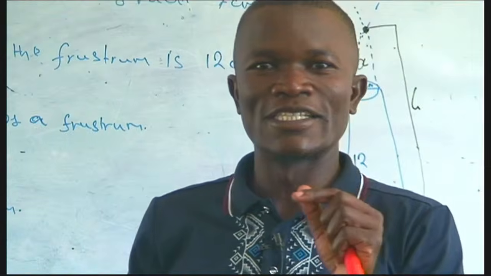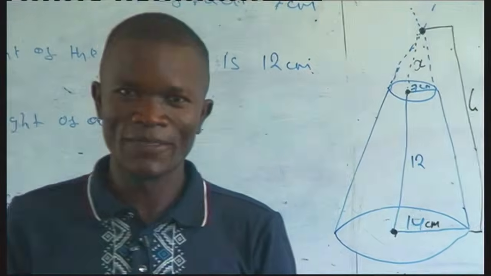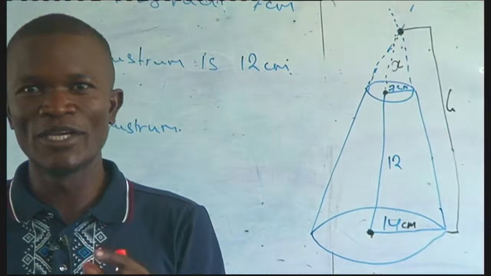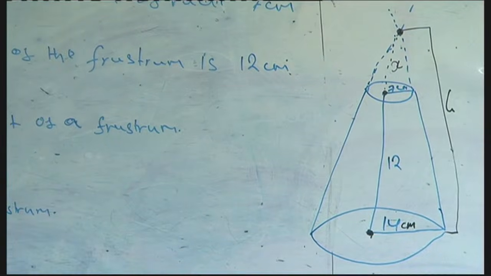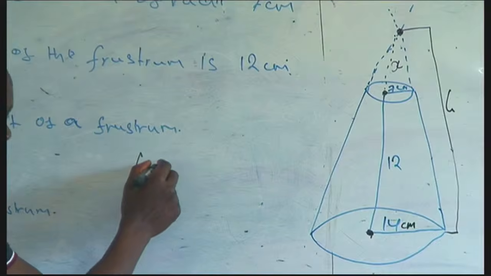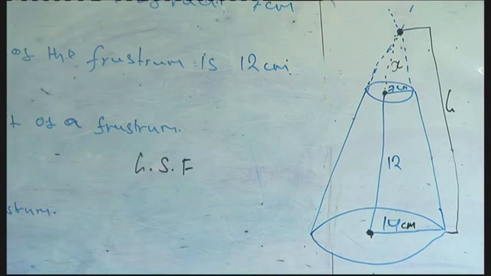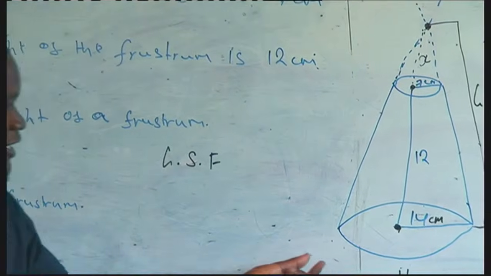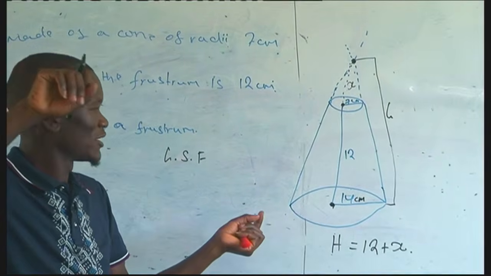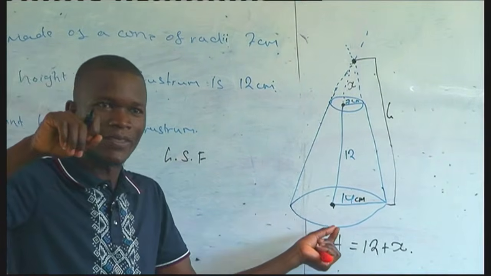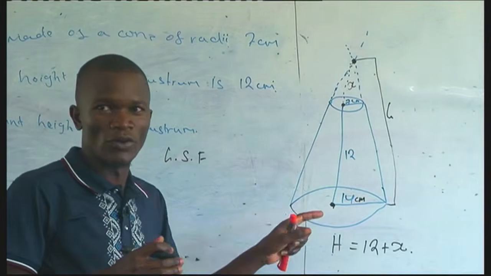There is something you learned when doing enlargement of objects, under transformation: enlargement, rotation and reflection. You learned about the linear scale factor. That same knowledge we used in enlargement can be applied here when we want to calculate the height of the whole cone.